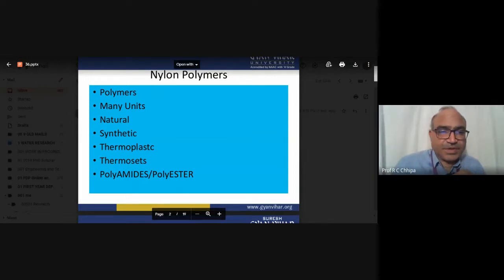Those are the natural polymers. Then there are synthetic polymers, which are made in the laboratory. The concern there is how we can design specific properties into that particular polymer.